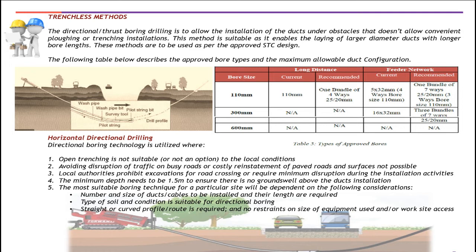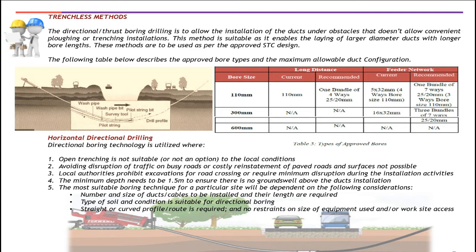Thrust boring is typically performed by placing an auger equipped with a cutting head inside a 220 mm to 1500 mm diameter steel pipe. In STC's case, we have only 110 mm to 600 mm of HDPE or steel pipe.